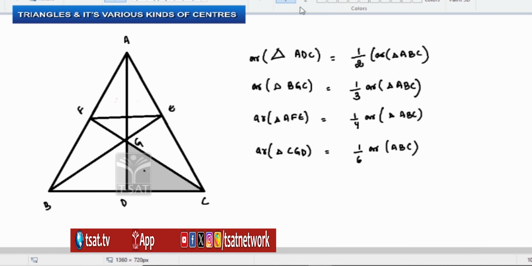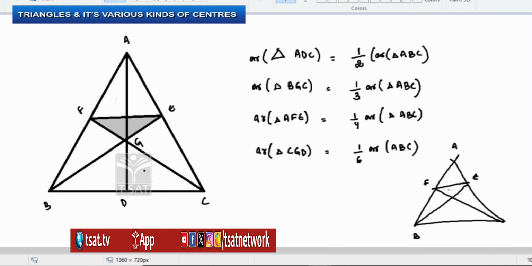Now, again you consider ABC; here I am drawing EF separately. We know EF and BC are in the ratio 1:2, so their areas will be in the ratio 1:4. This triangle is 1/3. If 4 parts is 1/3 of the triangle, therefore this one part becomes 1/12 of the triangle.